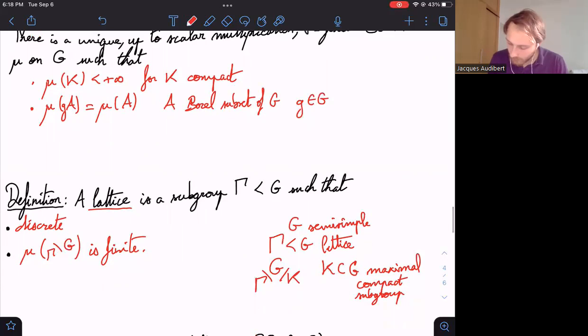This will be of finite measure, because quotienting by K does not change anything since it's compact.